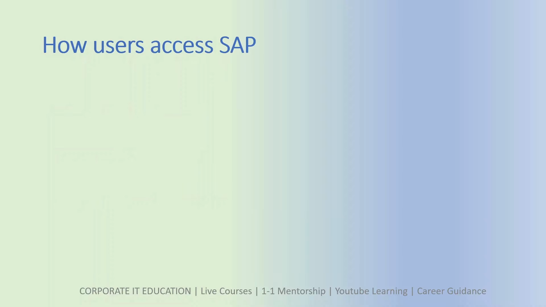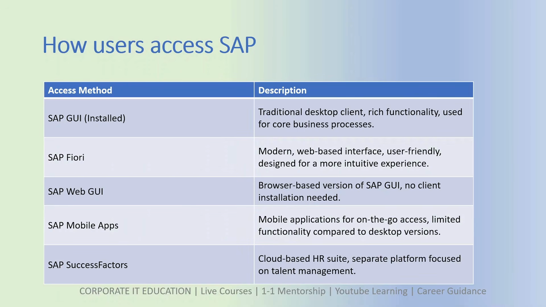So understand this thing that SAP has a huge customer base and the requirement to access SAP may vary a lot. So they try to provide different possible options in which you can access their product. If you take a look at this, you will see that there are different access methods. However, I have not called out each and every method, but one of the most famous and most used from a long time is the SAP GUI method.